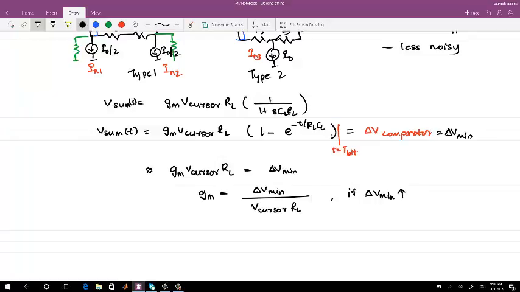If delta V min increases, what parameter do I need to increase? Either you increase GM or you increase RL, or both, whichever way it works, right? But if you increase RL, you have a settling issue.